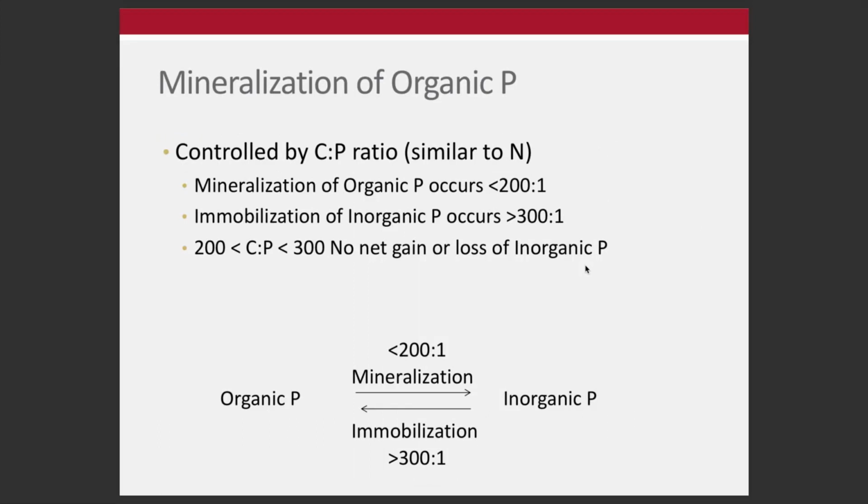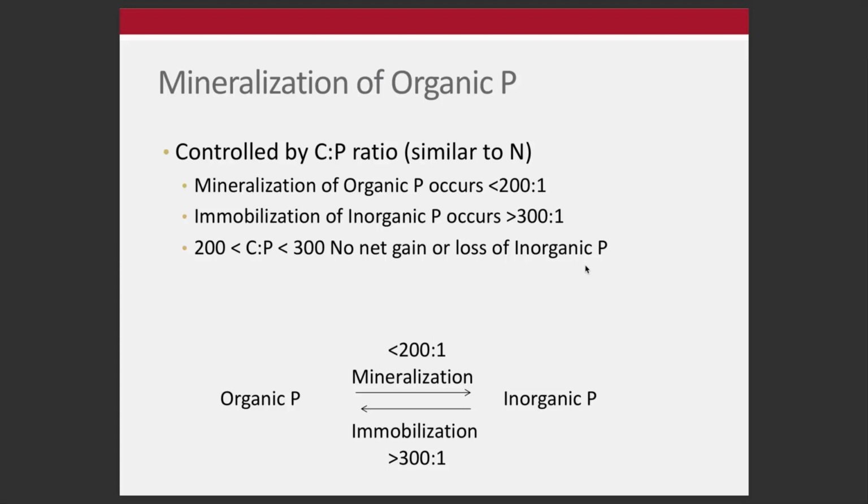Carbon to phosphorus ratios. Again, we talked about a 20-to-1 for nitrogen. Mineralization, we don't have maybe that super clean cutoff, but say 200-to-1, we can pretty much guarantee mineralization will occur. So 200 carbons for every 1 phosphorus, and immobilization when it's greater than 300-to-1.